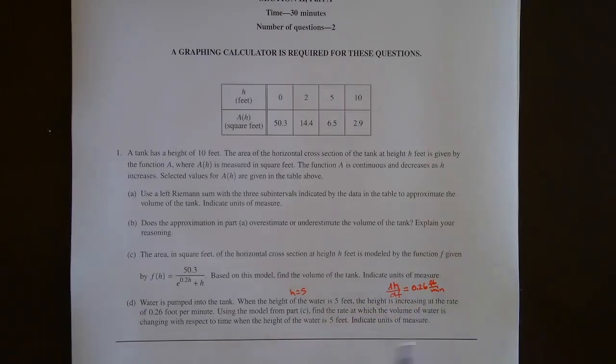Okay, so we know these two things. Using the model from part C, find the rate at which the volume of the water is changing with respect to time when the height of the water is 5 feet.